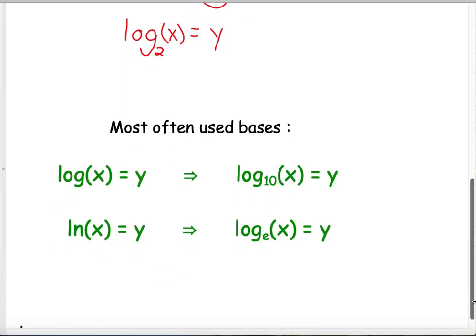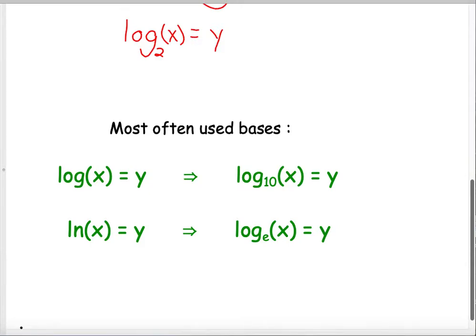There's two most often used bases for logarithms. Let me draw an arrow. If you see a logarithm without a base, then it's assumed that it's base 10. And if you see ln, which stands for the natural logarithm, that's a base e. So we never write log base e, we just write ln for the natural logarithm of x is equal to y.